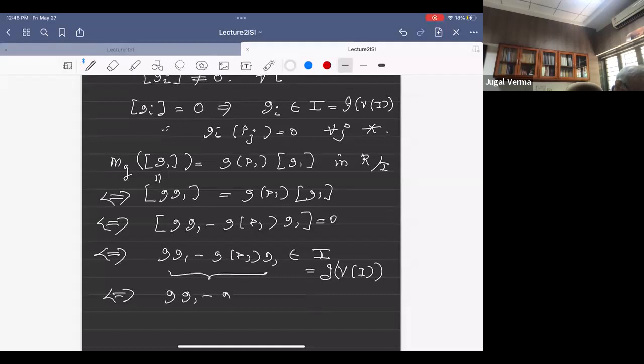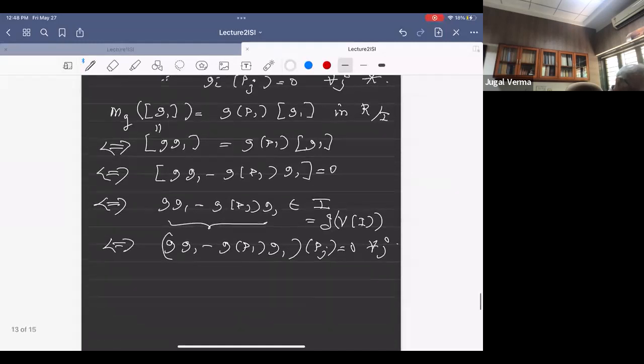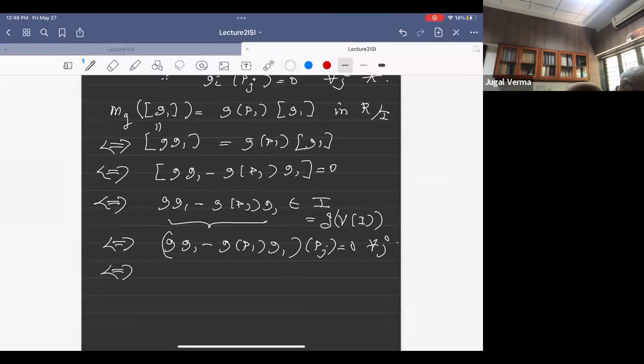So g G1 minus g(P1) G1 should vanish at every point. This means g(Pj) G1(Pj) minus g(P1) G1(Pj) should be 0.